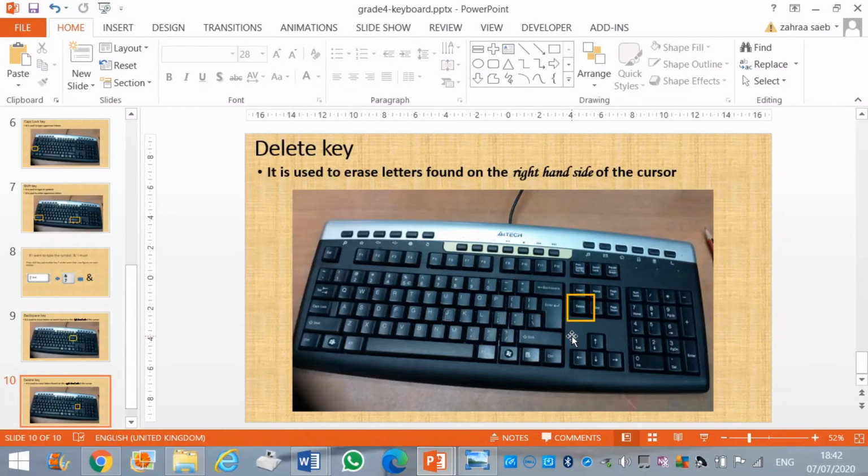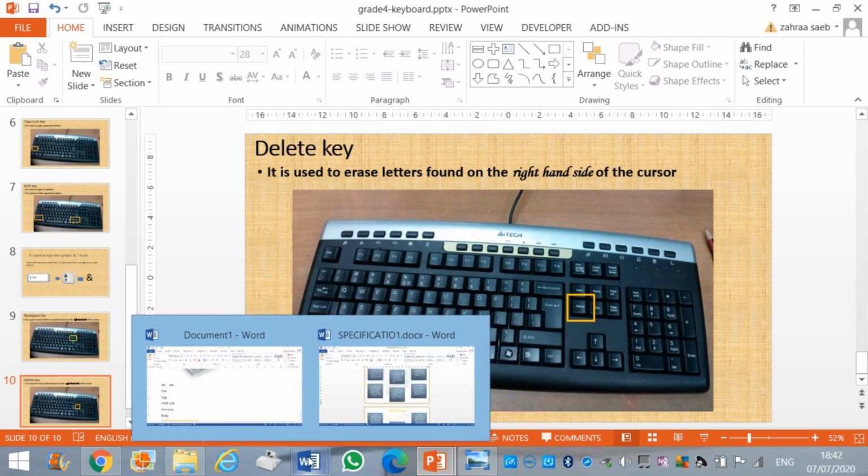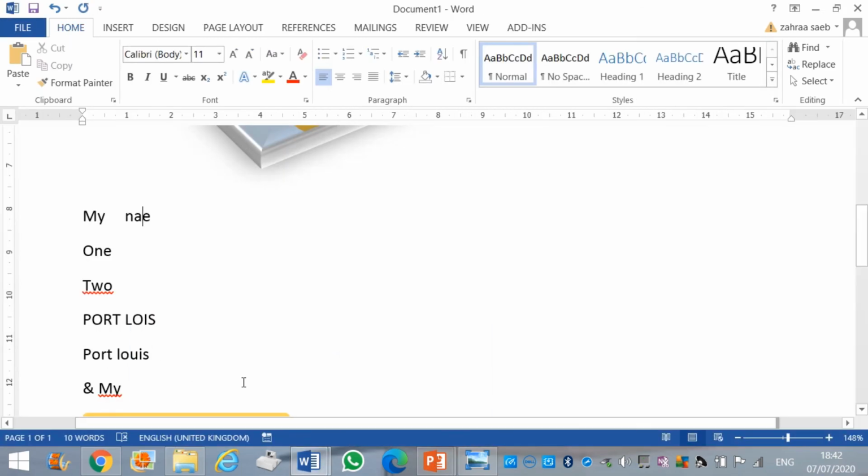Therefore, the difference between the backspace key and the delete key: backspace erases letters found on the left hand side of the cursor and the delete key erases letters found on the right hand side of the cursor.